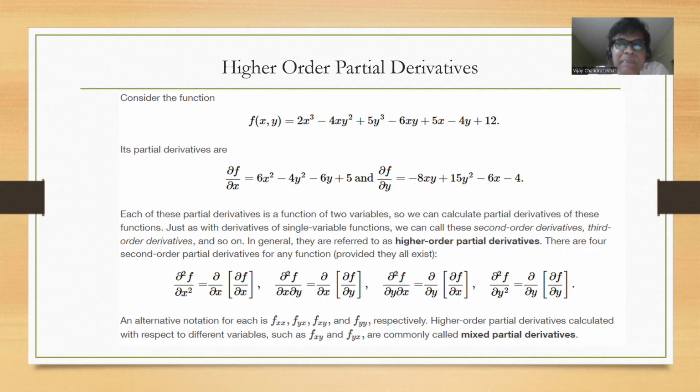So let's say, hypothetically, there are three variables here, x, y, z, and how many second order partial derivatives are possible? 9. It was 6. Okay, who said 6? Sirisha. Okay, why 6, Sirisha? XX, XY, XZ, YY, YZ, YX, then ZX, ZY, ZZ, right?